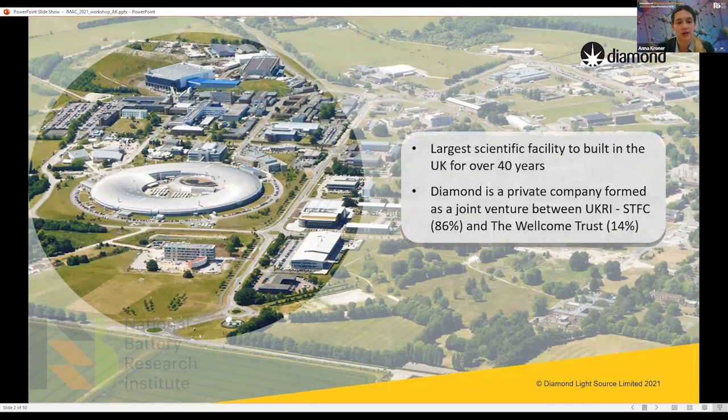This is quite an attractive location because it really helps in collaboration and getting access to advanced characterization techniques in various facilities. We are the national facility, funded 86% through government, and 14% by the Wellcome Trust, which is the biomedical charity.